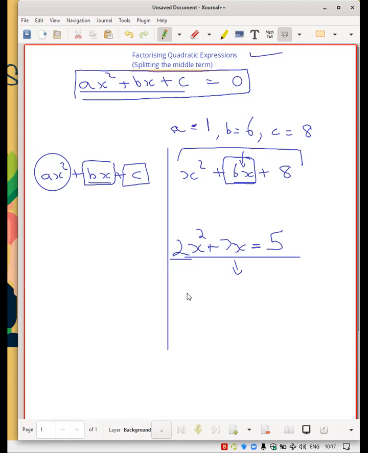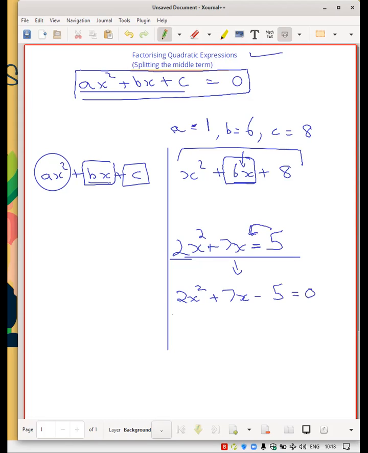That's what I'm asking you. Won't I just transpose this over here to the left hand side? It'll become minus 5 is equal to 0.